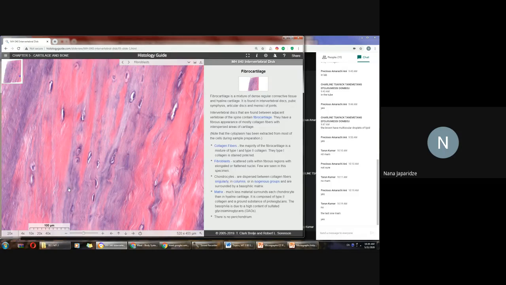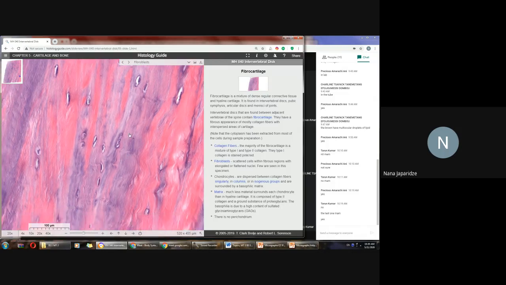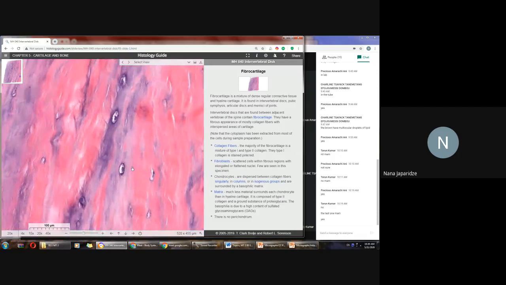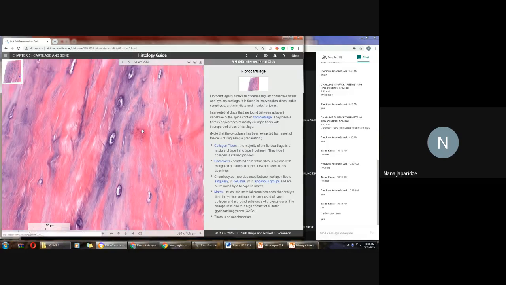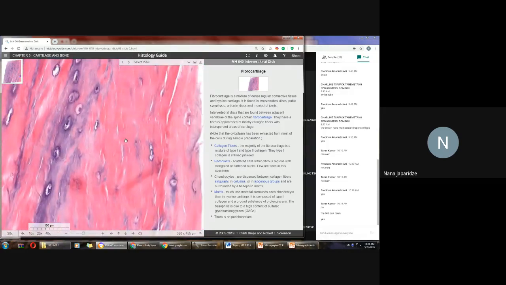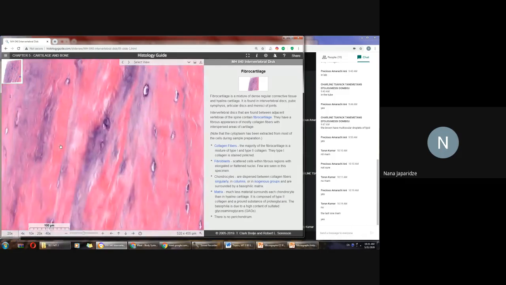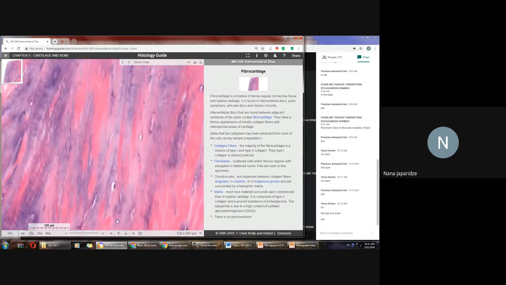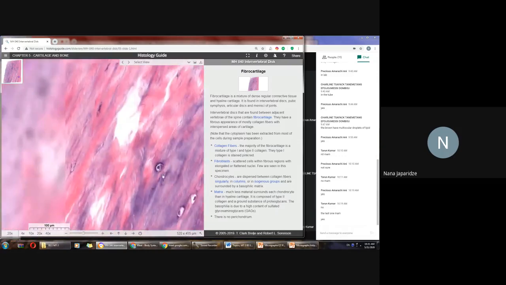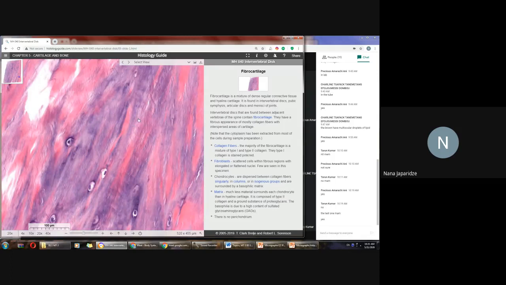Okay. Look. Collagen fibers, pink or red, and blue stained are collagen type 2. Red stain is collagen type 1. So actually the fibrocartilage is a mix of fibrous connective tissue and hyaline cartilage.